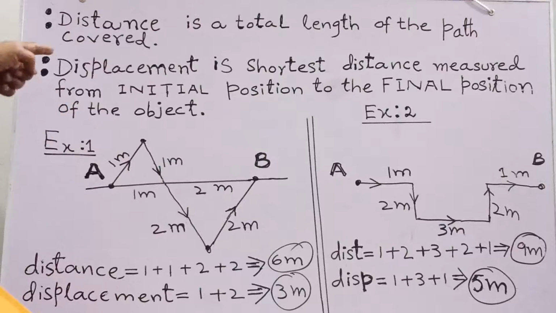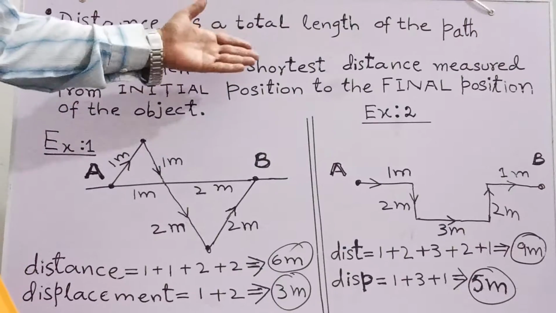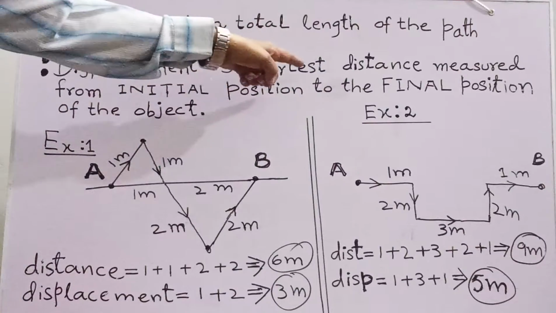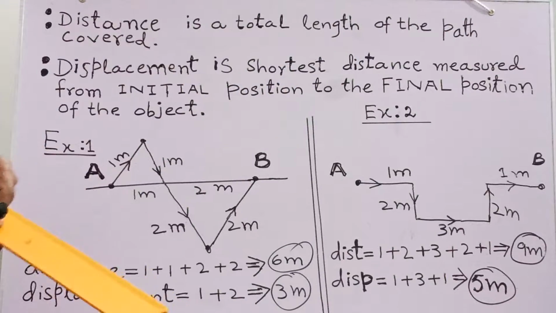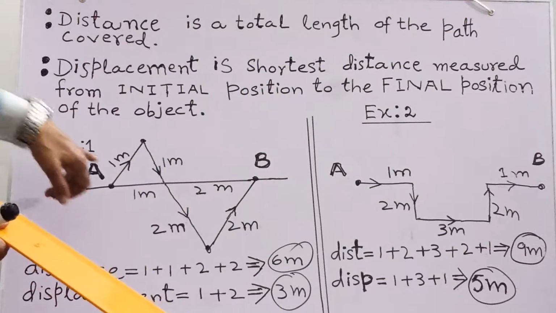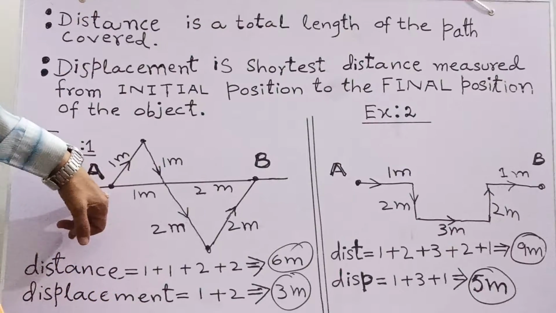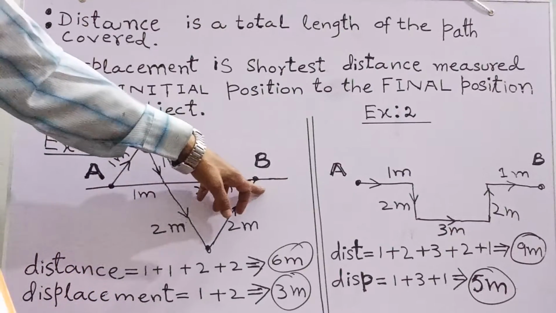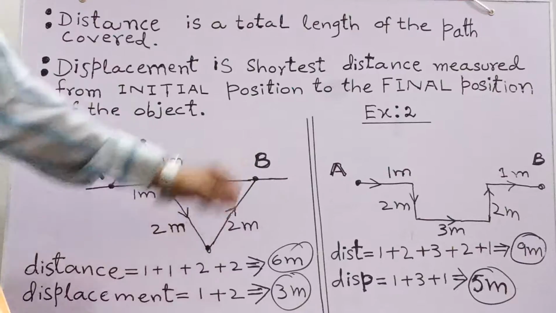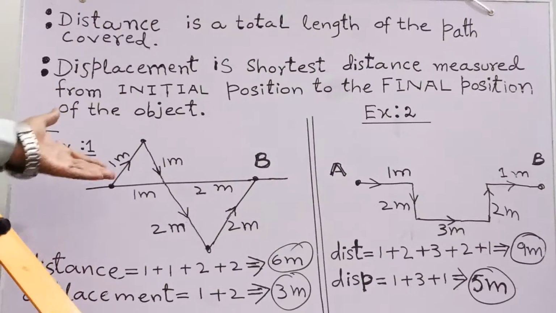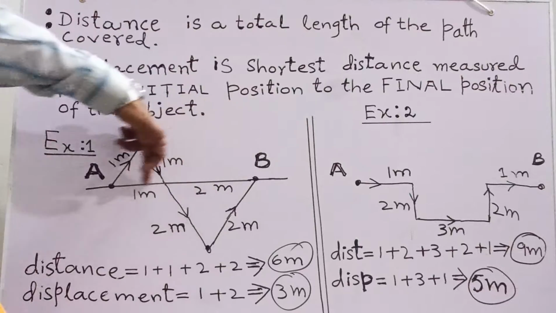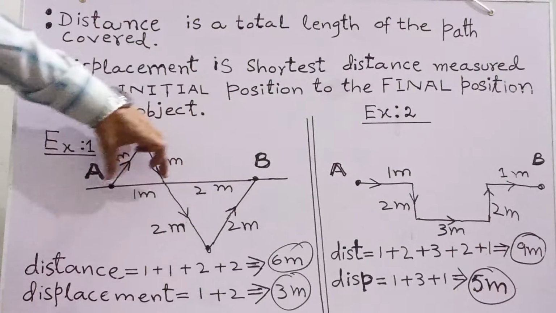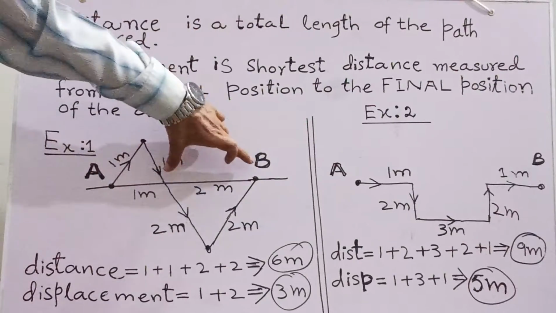Now for the displacement, we use this definition, the straight line or the shortest distance from the initial to the final position. So this is the starting position or the initial position. This is the end of the journey or the final position. And the shortest distance from A to B is this path, which is equal to 1 meter distance and 2 meter.